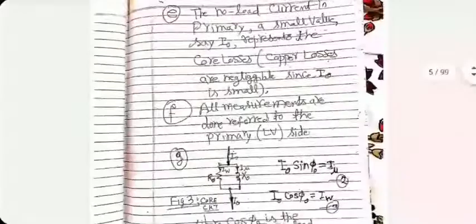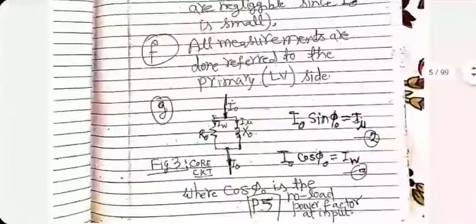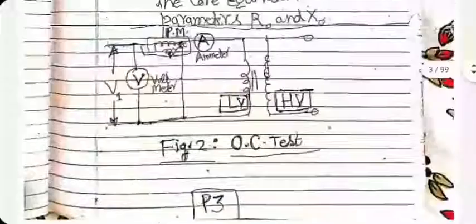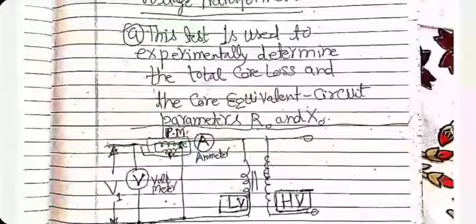Okay, so then you remember this was the parallel circuit that we used in the equivalent circuit to represent the core losses. It has one resistance and one inductance in parallel. If you know the total no load current being drawn by the transformer and you know the power factor, that means the phase shift between voltage and current, V1 and I naught, that can be actually measured, and cosine of that will give us the power factor.